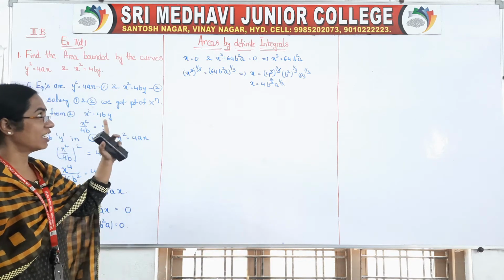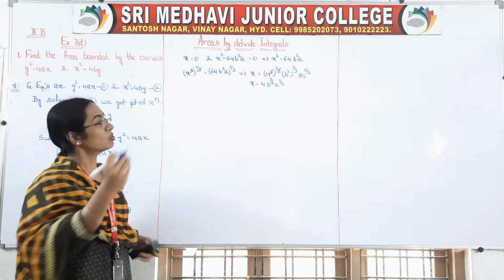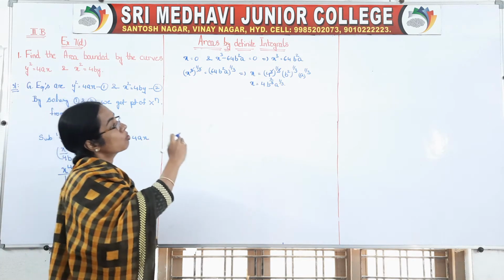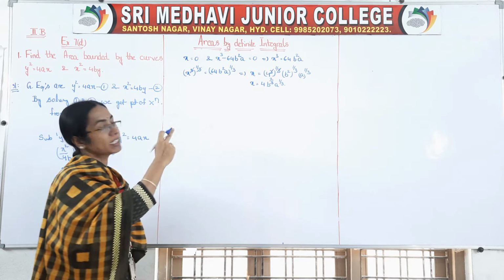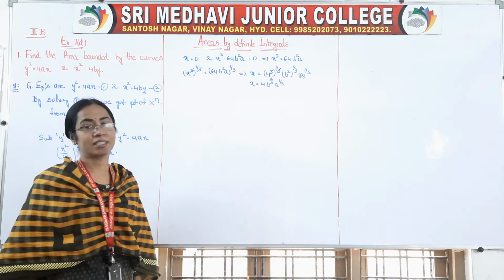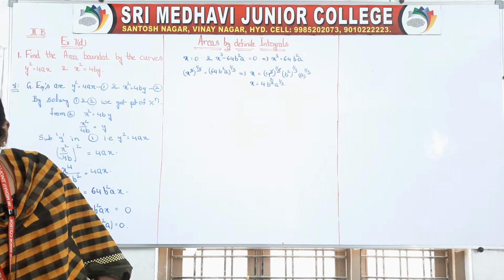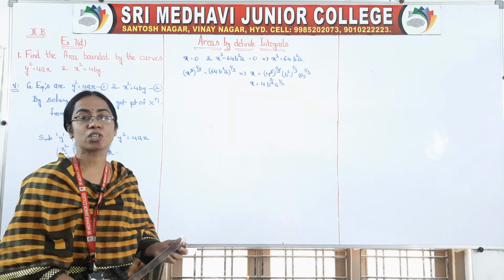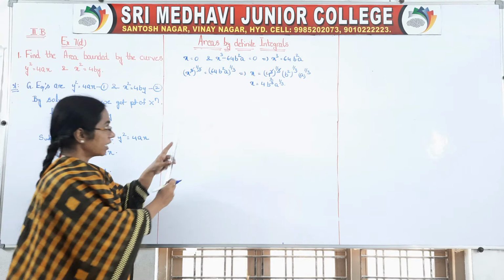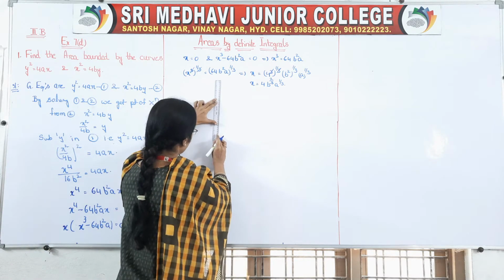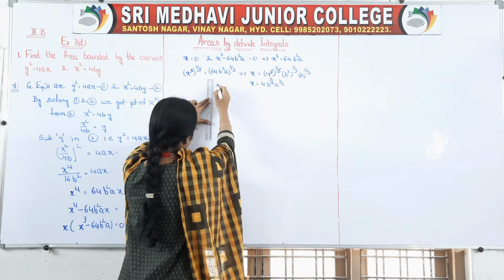We have to find the limits from x is equal to 0 to x is equal to 4b to the power of 2 by 3 into a to the power of 1 by 3. Okay. Now we will decide which curve comes up and which curve comes downwards, right? For that we have to draw the diagram, isn't it?